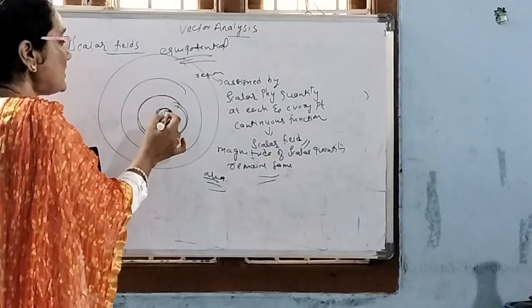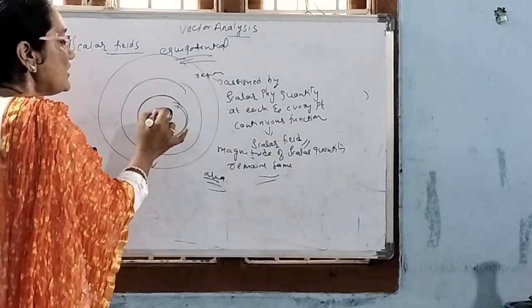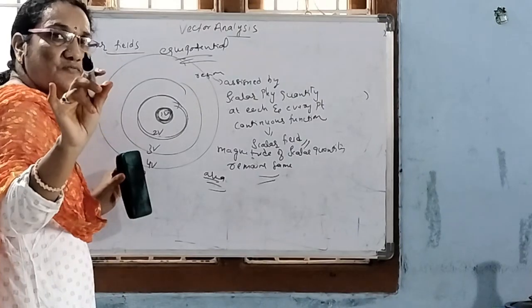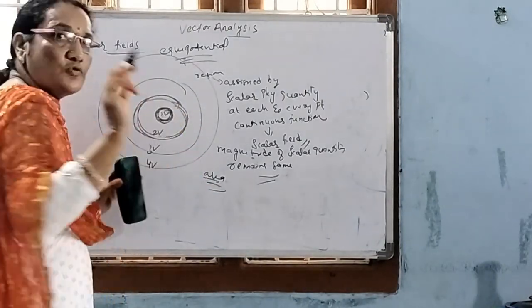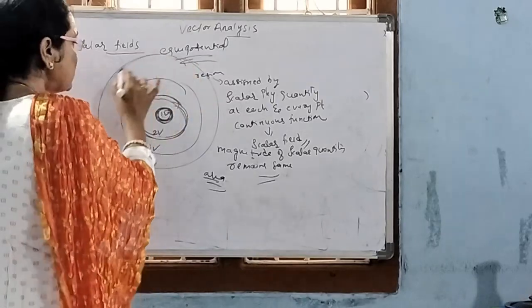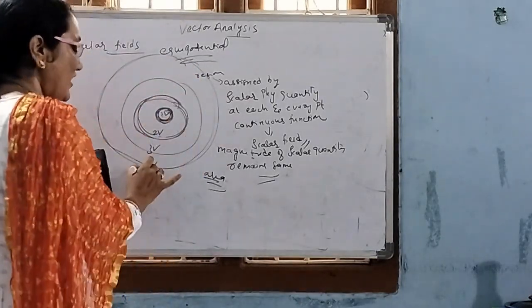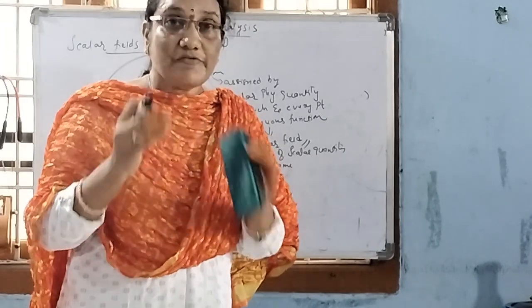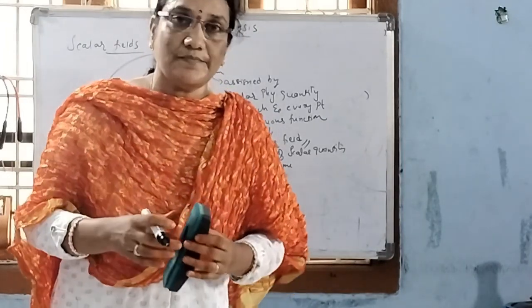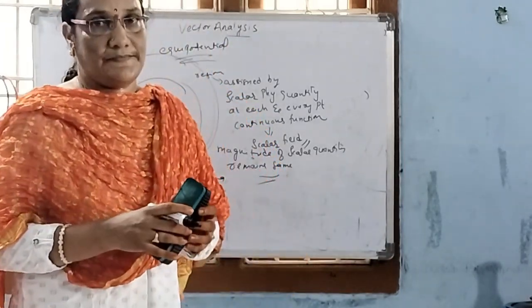But through the first inner surface, at every point we will find 1 volt only. On the second surface, at every point we find 2 volts only. On the last surface, at every point the potential is 4 volts only. Equipotential surfaces are the best examples of scalar fields.